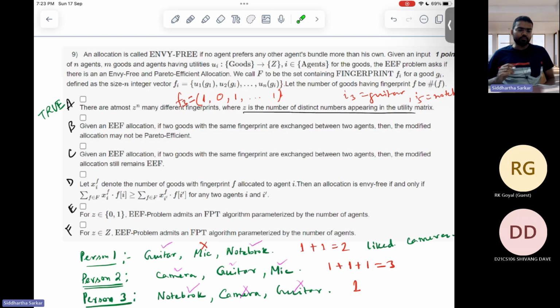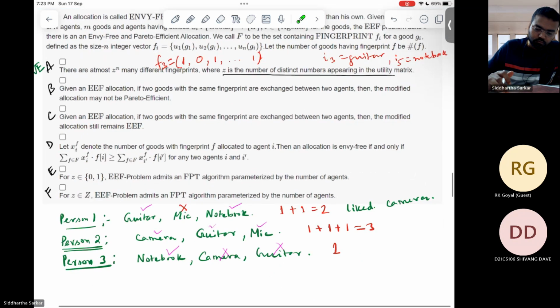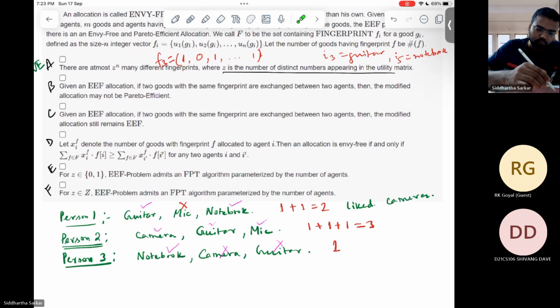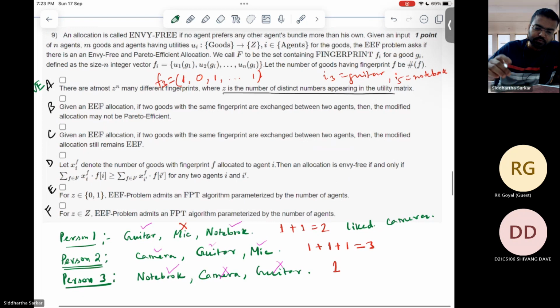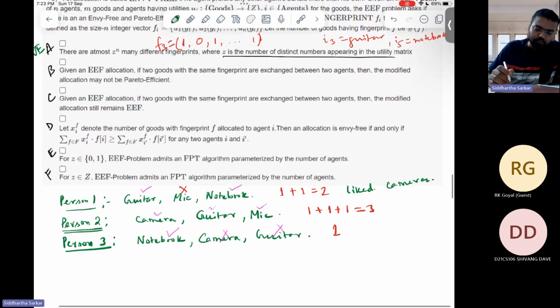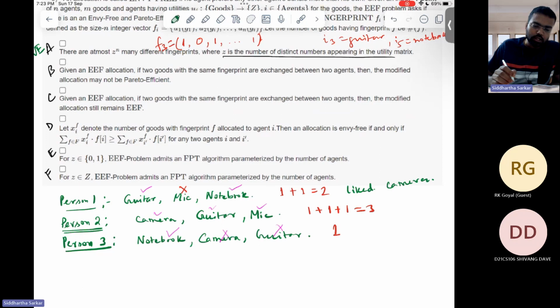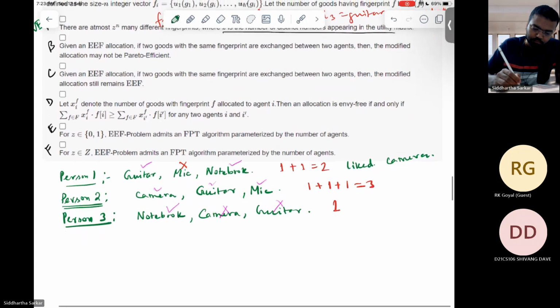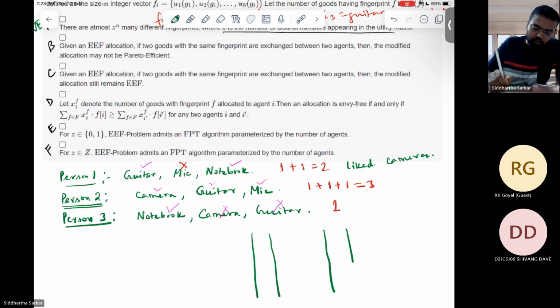Let us take an example. Let us say that the guitar and the notebook are liked by the same set of people. This is the column for the guitar and this is the column for the notebook in the utility matrix.